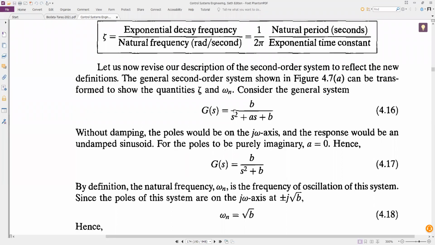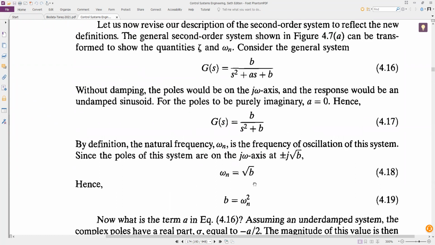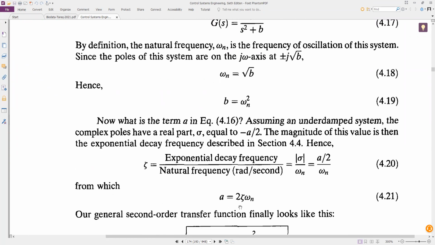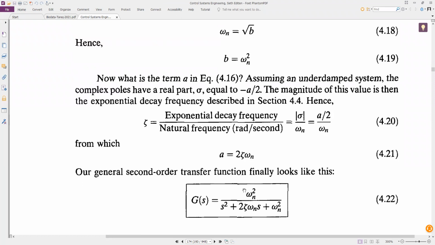Now, if A is equal to 0, then it would be B by S square plus B. Here, the value of omega n would be square root of B. And A is equal to 2 zeta omega n.